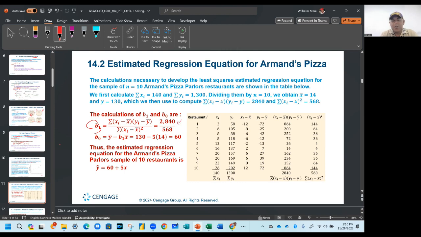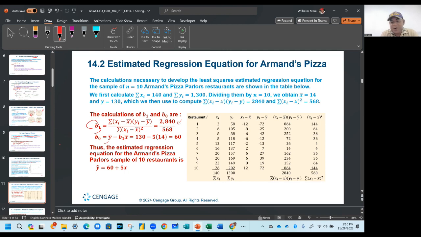And then once you have your beta 1, you substitute it back into the equation to solve for beta 0, and then solve, no?